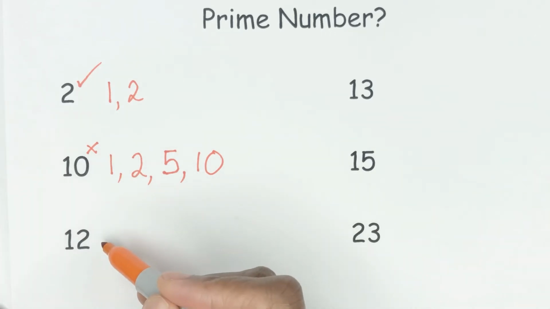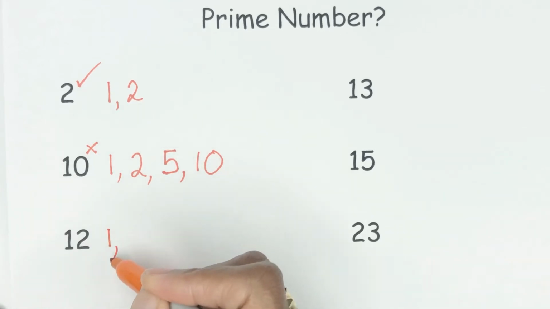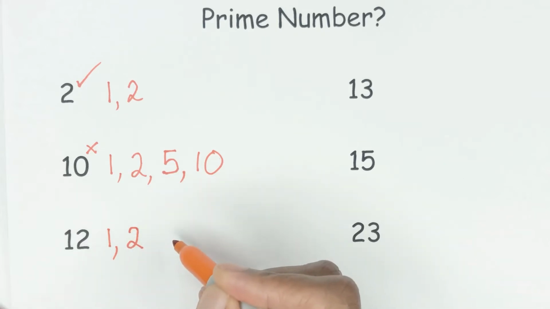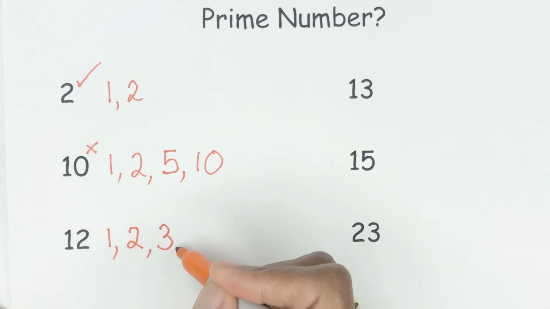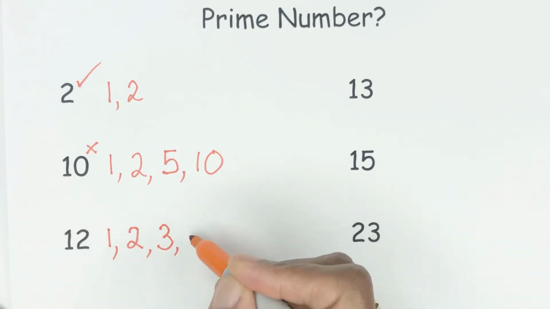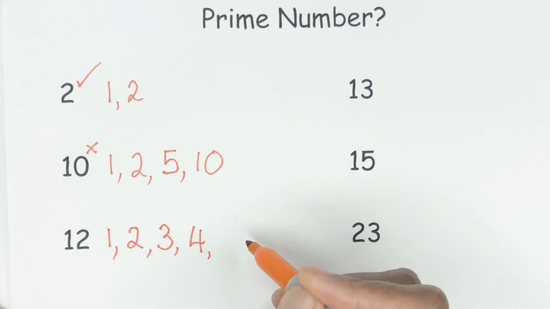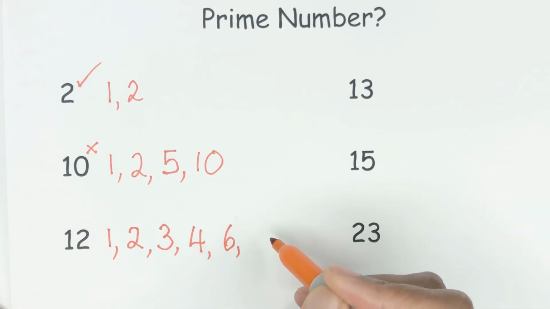Let's look at number 12. What factors make 12? 1, definitely. 1 times 12. 2, yes. Right? 2 times 6. 3, yes. 3 times 4. 4, yes. 4 times 3. 5, no. 6, yes. 6 times 2. 7, no. 8, 9.